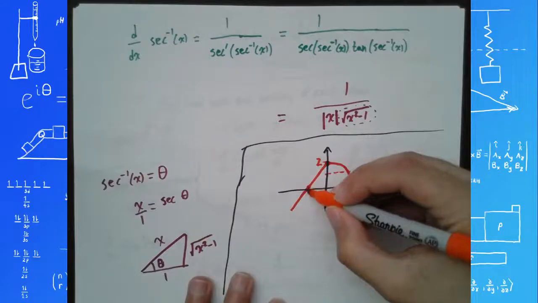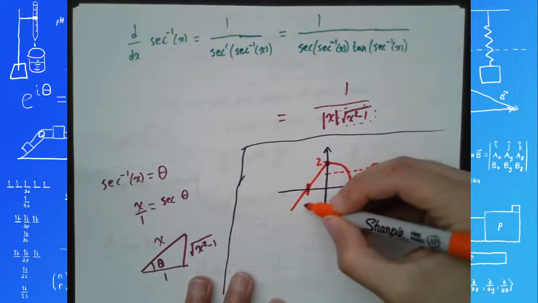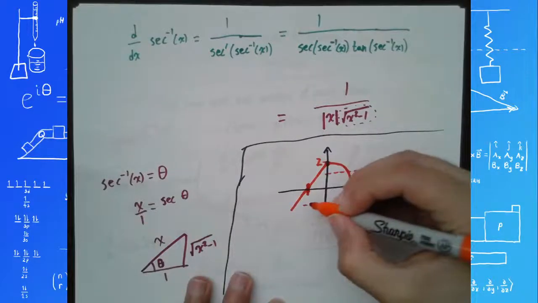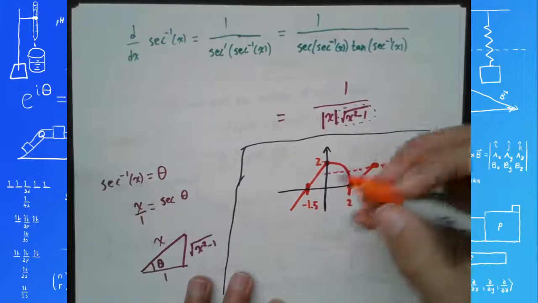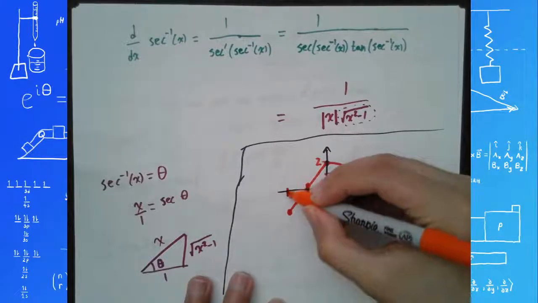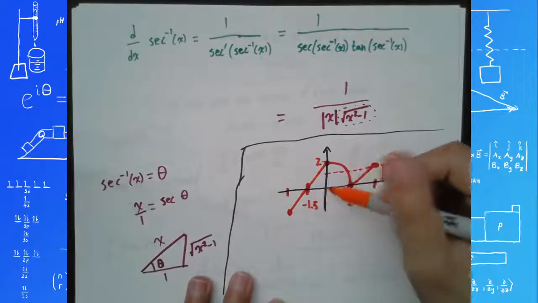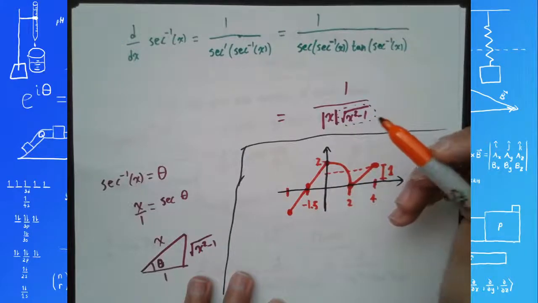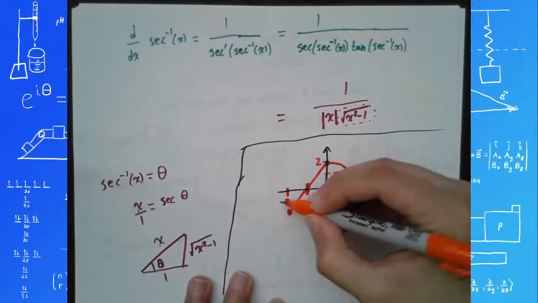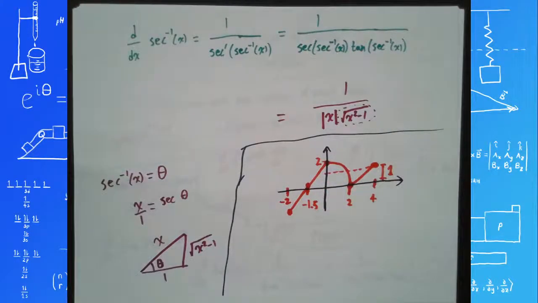And then here, let's say that's at -1.5. And then let's say that's -2. Let's disregard the scaling, as we've been doing.